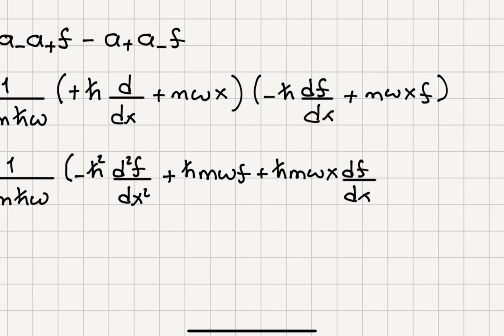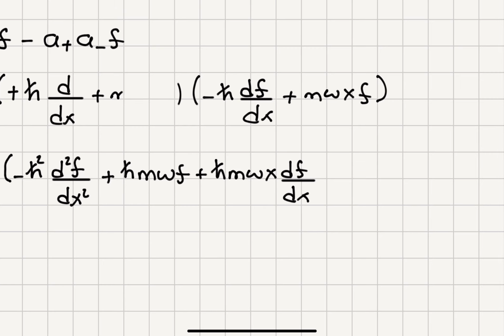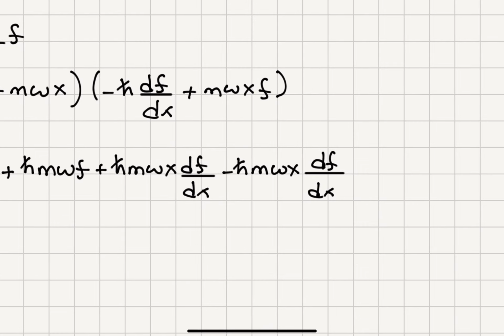And then we have m omega x multiplied with this term, which gives minus h bar m omega x df dx. And then the last term, plus m squared omega squared x squared f.